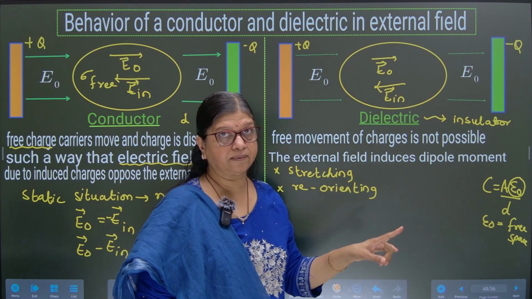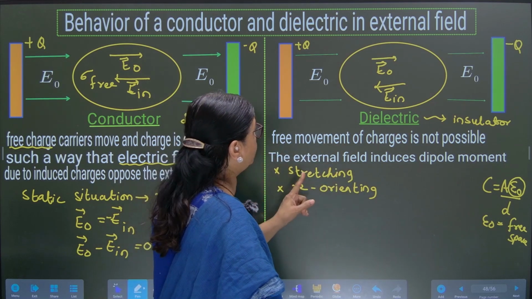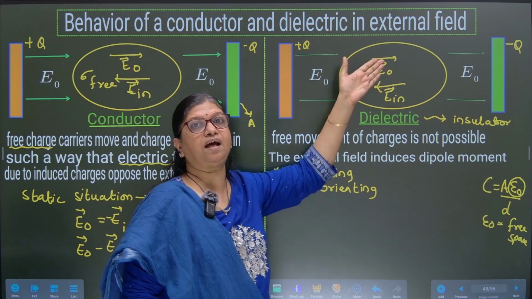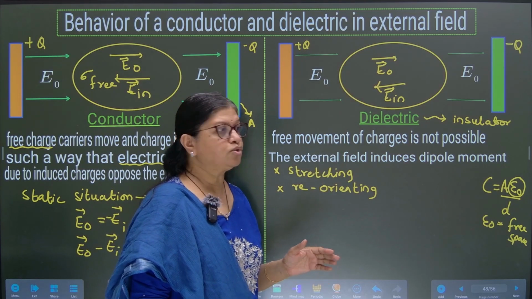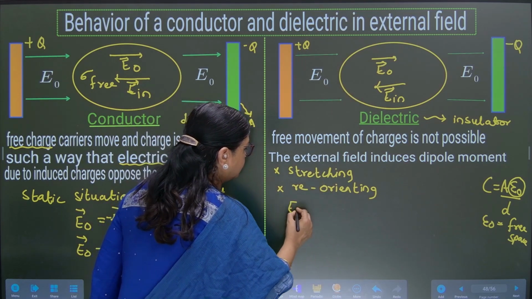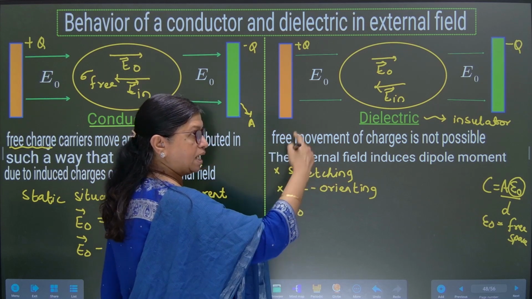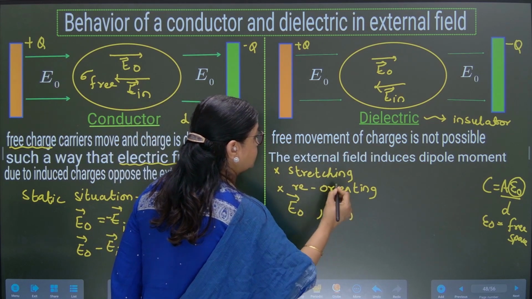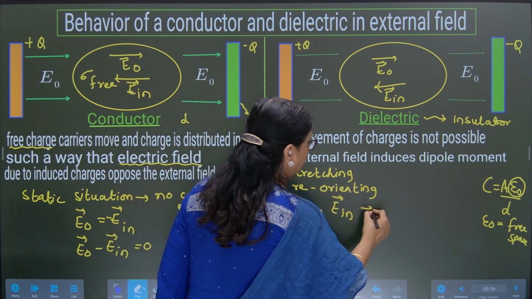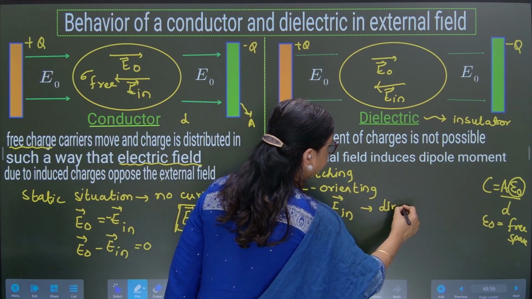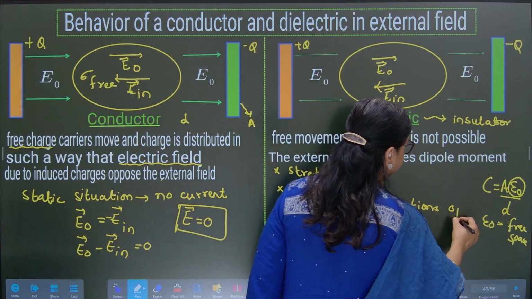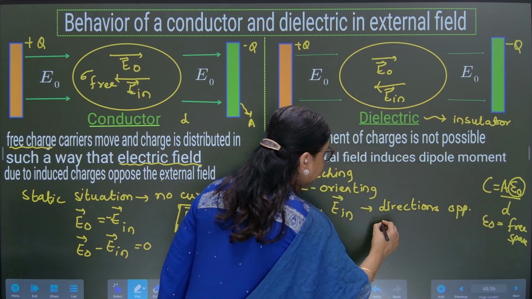But the situation will never arise that their magnitudes are equal. So E naught, which is the external electric field, and E induced, which is the induced electric field, directions will be opposite, but magnitudes not equal.